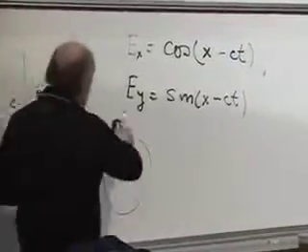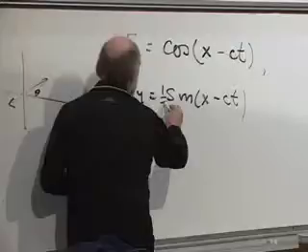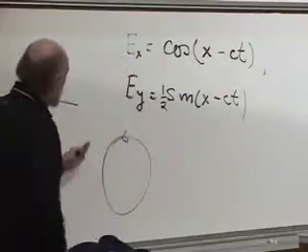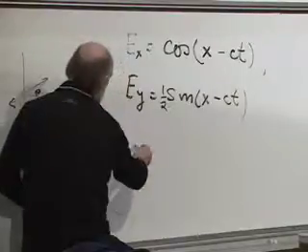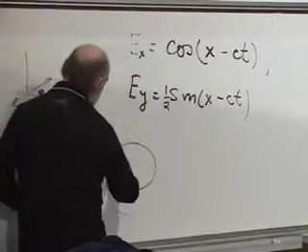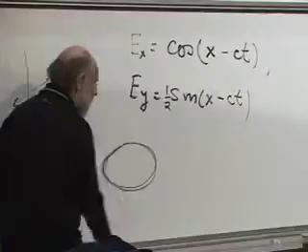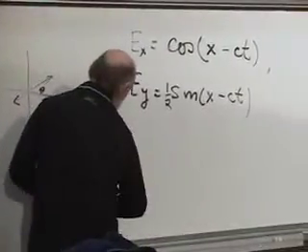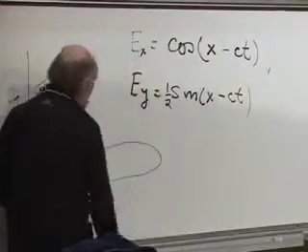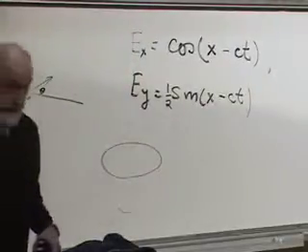But if I take Ey to be 1/2 of that, now the electric field in the y direction only grows to half the size of its maximum in the x direction. I don't think I drew that well. That becomes elliptical polarization.